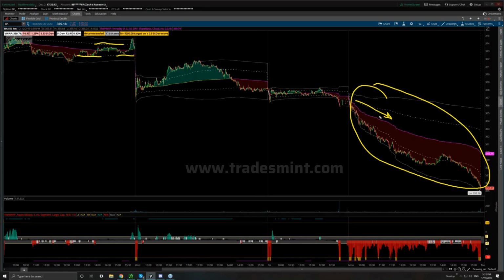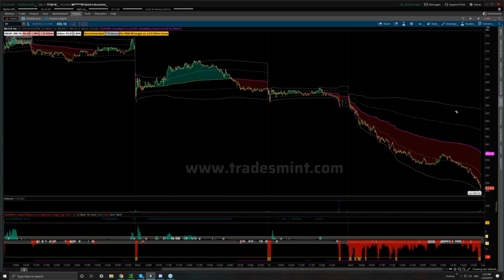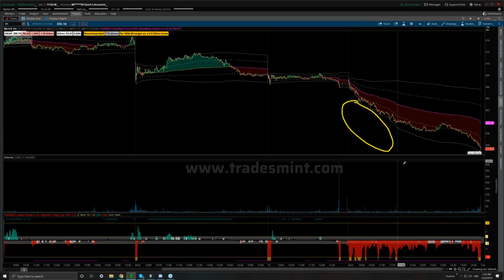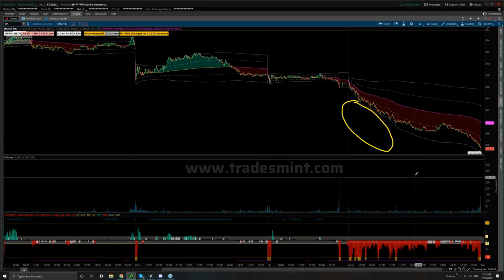With this kind of sloping behavior, we look for a combination of both price being far away from VWAP, so price being in the fast lane, but also we need to see substantive volume. It's kind of hard. I'm going to have to pull this up and take a look. Now it's hard without much context, but I think we can all acknowledge Boeing is a major stock and was certainly a liquid stock today.